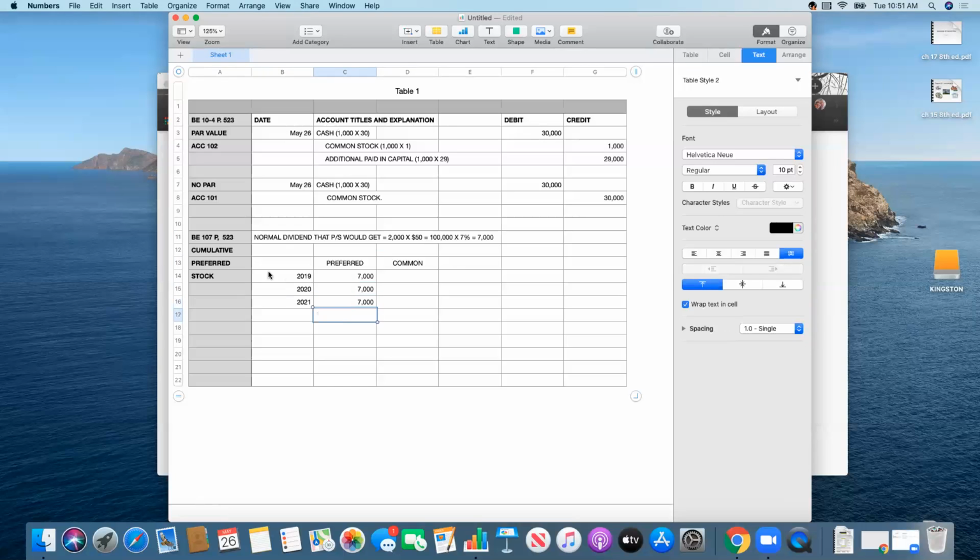I'm going to say one more thing here. 2019 was in arrears, wasn't it? 2020 was in arrears. That strange word, arrears, meaning behind.